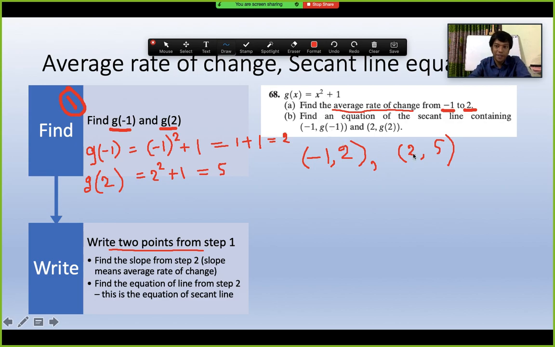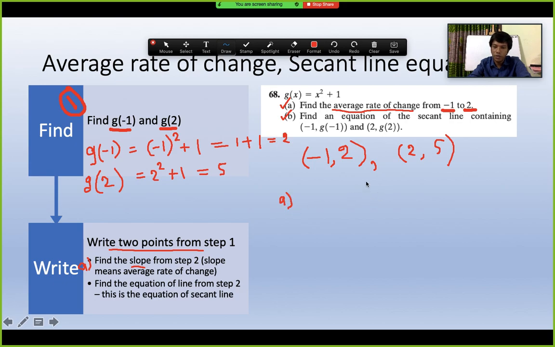Now see, actually the math became super easy, because now you have 2 points. Now the a number and b number became very easy. A number is the slope, and we will find out the slope to get the answer for the a number.